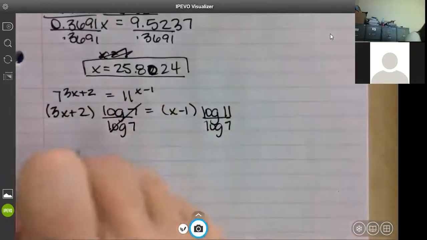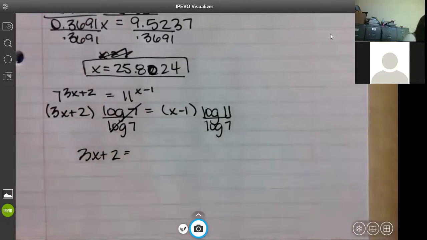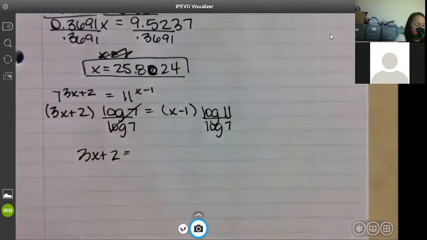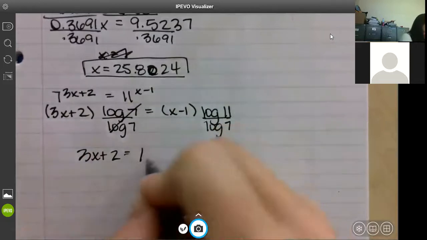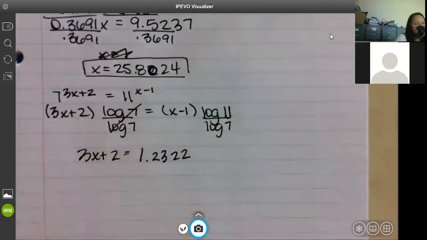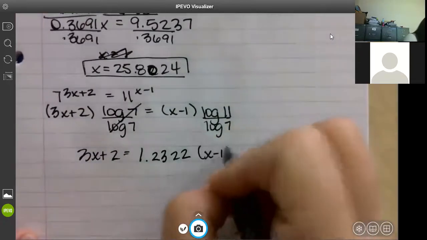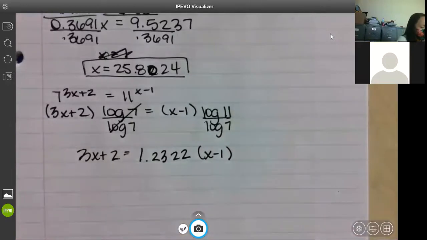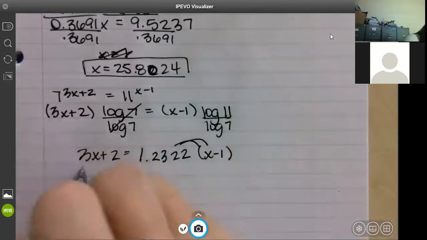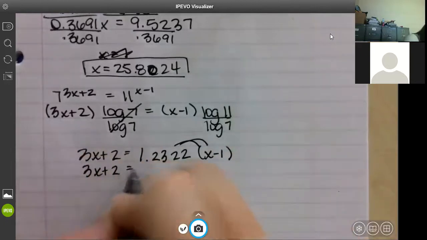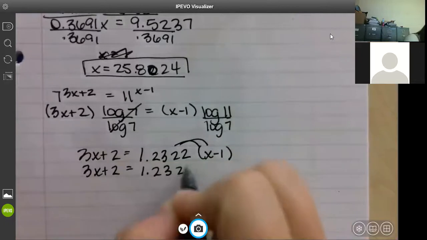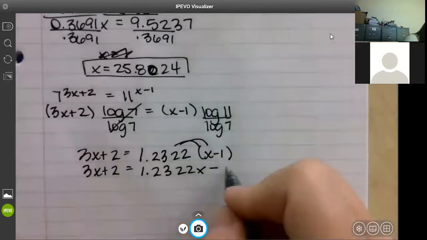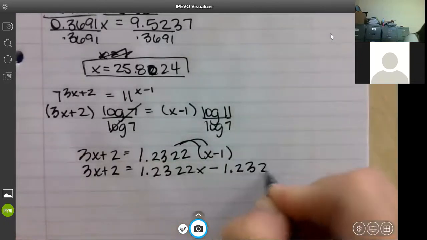So this cancels out, leaves me with 3x plus 2 equals log 11 over log 7, which is 1.2322. But we got to multiply that by x minus 1. We're going to distribute. 3x plus 2 equals 1.2322x minus 1.2322.